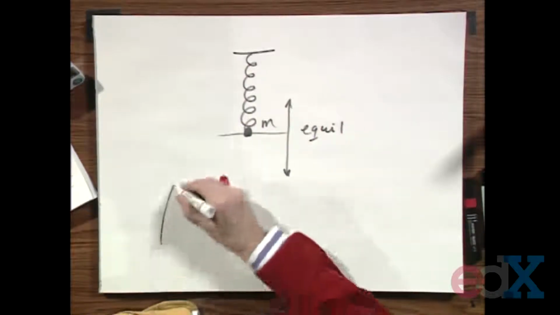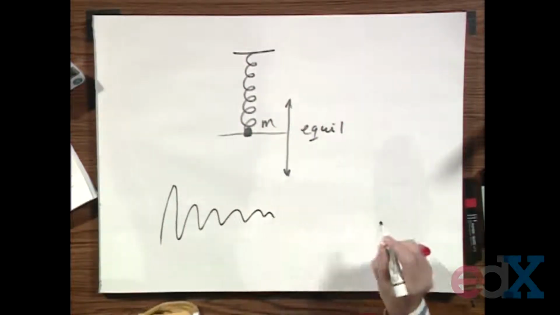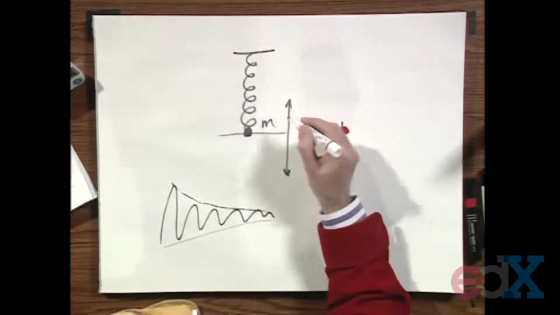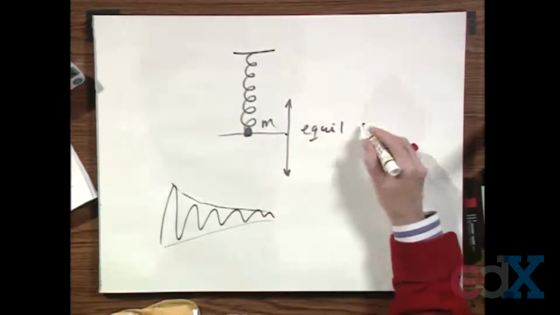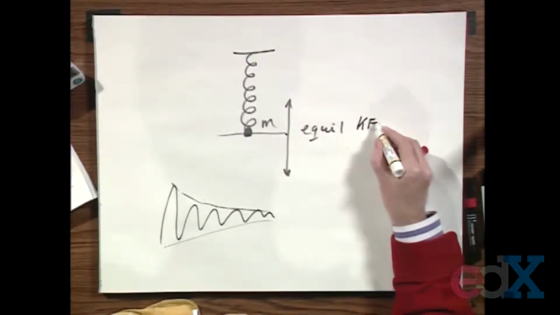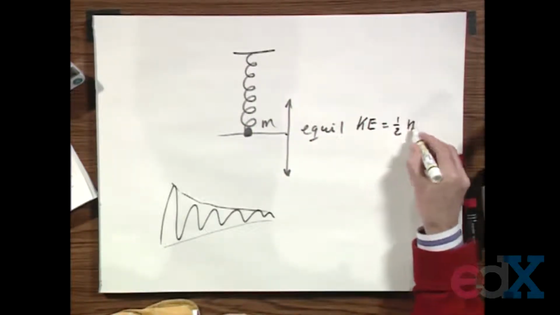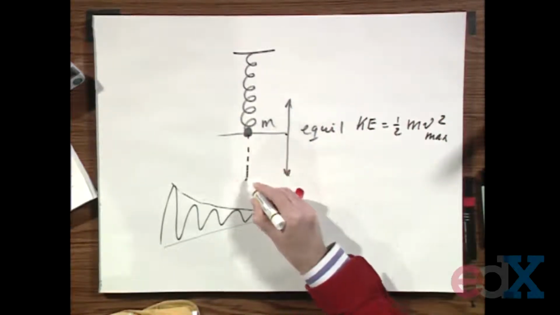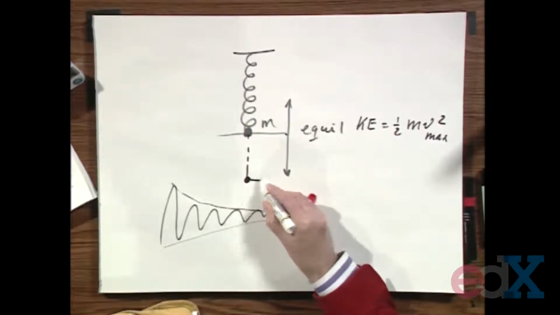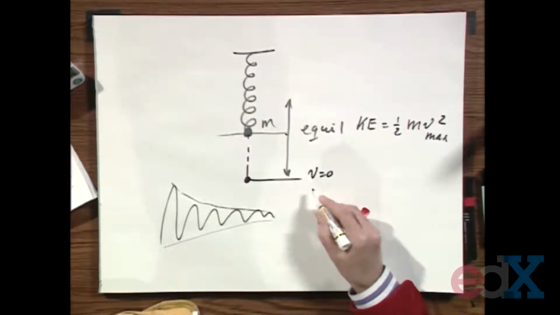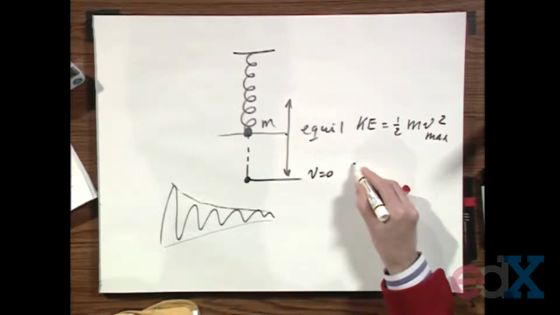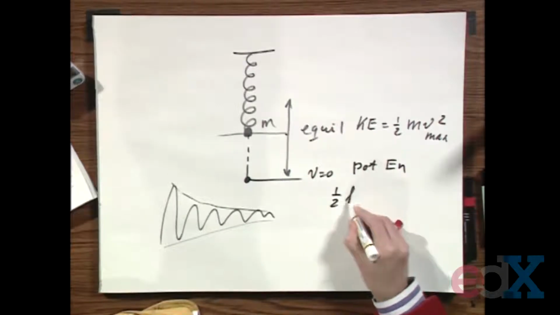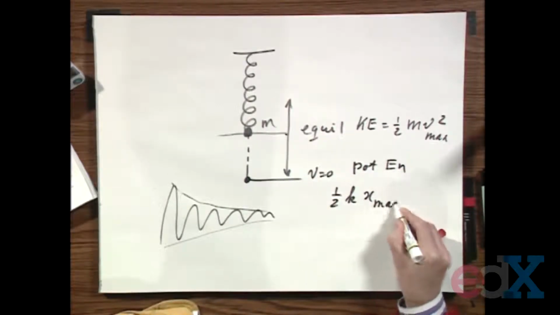It is an oscillating bob with exponential decay, and when it goes through equilibrium, you have all the energy in the bob in terms of kinetic energy, which is 1/2 m v max squared. But when the bob comes to a halt, so v is 0, then you have all the energy in potential energy of the spring, which is 1/2 k x max squared.